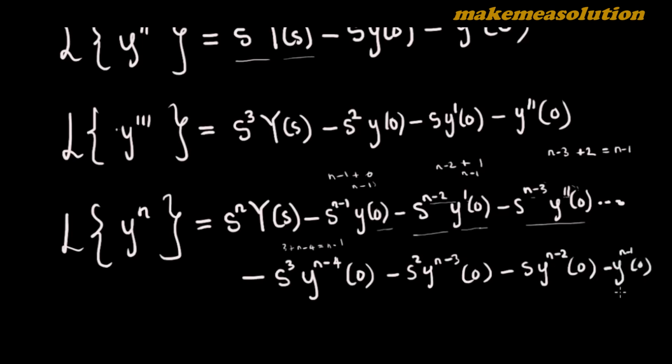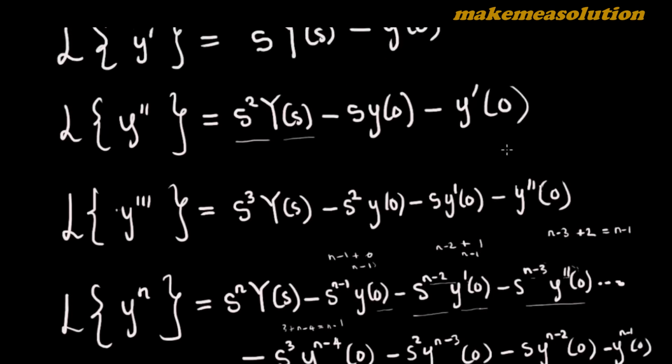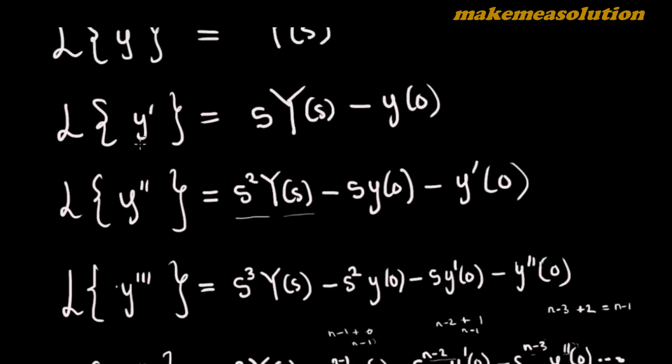So this y n minus 1 of 0, as you can see, is actually correct, because in all the problems that we've been seeing, if we start with the Laplace transform of the first derivative, we end at the initial condition for the 0th derivative. If we start with the Laplace transform of the second derivative, we end with the initial condition for the first derivative.